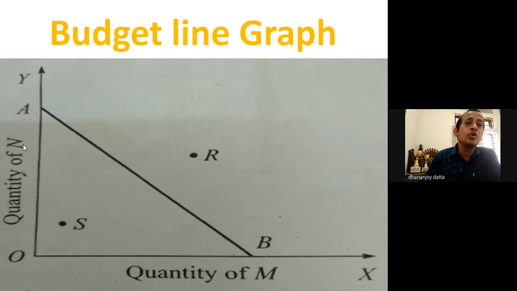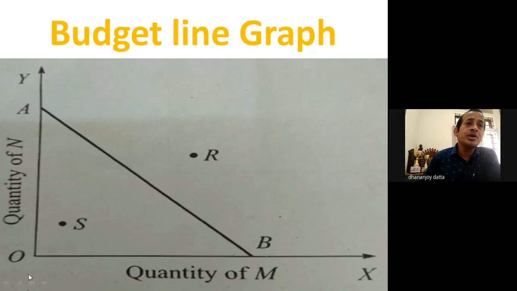Later on we'll go through the budget constraint also. In the budget constraint, you will see we have gone through an example where a budget is also given, a budget of 1,000 rupees, and with that we have explained the budget line.